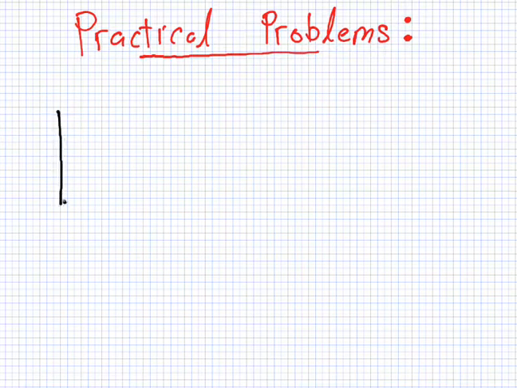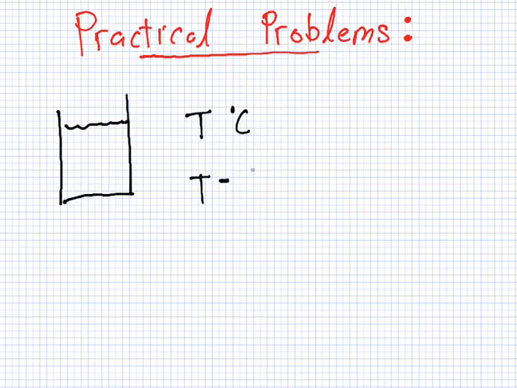Something maybe like in chemistry or biology, you have a substance here, and its temperature in Celsius is equal to 30 plus Ae^(-0.2t).